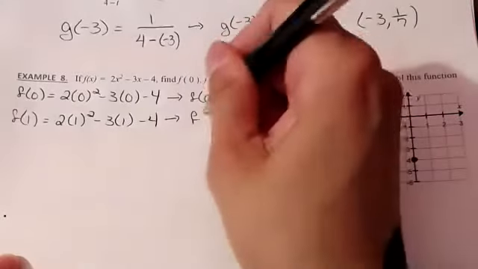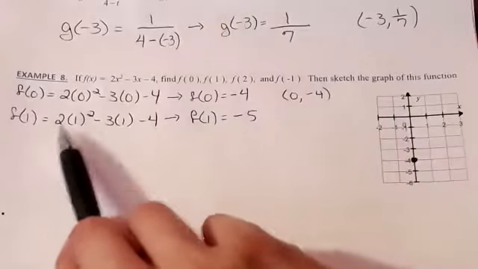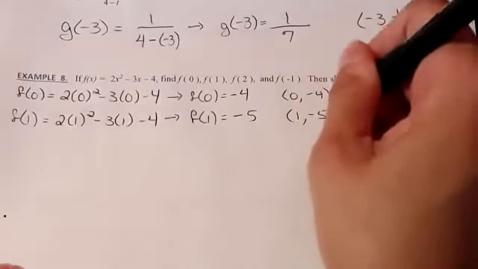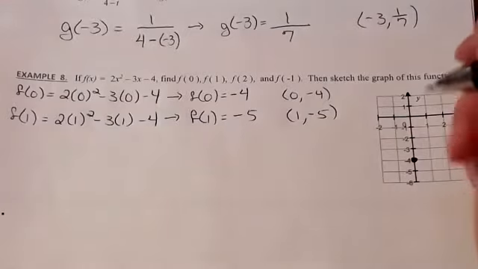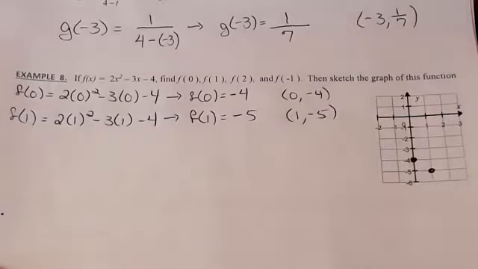So we have f of 1 is equal to -5. And again, I just punch this in, 2 minus 3 minus 4. So our next ordered pair is (1, -5). Let's go ahead and plot that point, (1, -5). Perfect.